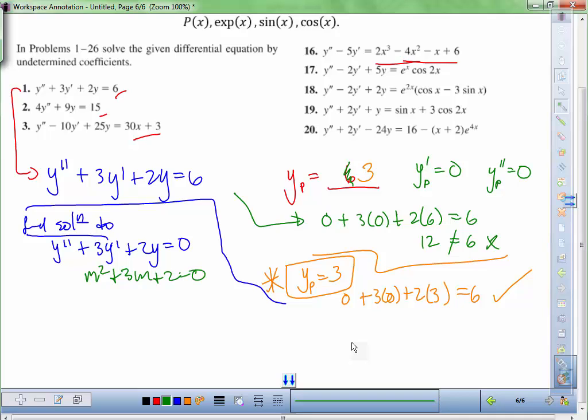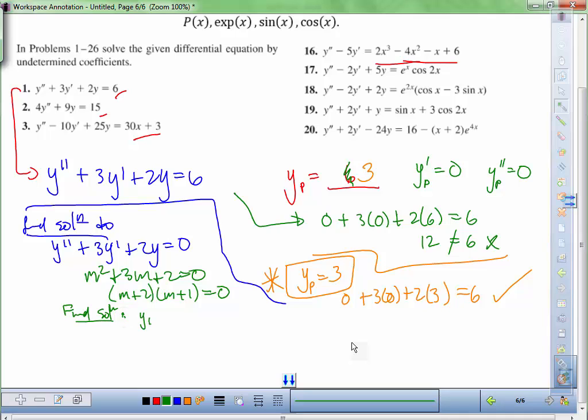Can we factor that? And so we can get the roots. The roots are -2 and -1. And so your fundamental solutions, you should have 2 of them because it's a second order differential equation.